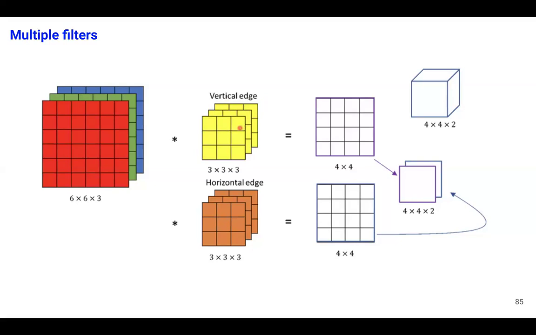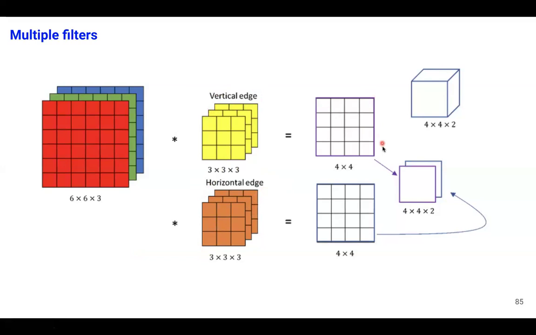One filter will be able to learn one pattern, but we are interested in learning various different kinds of complex patterns that might be present in the input picture. That is why we generally use multiple filters. You can think of it as one detecting vertical edges, another detecting horizontal edges, and some detecting edges at some angle and so on.